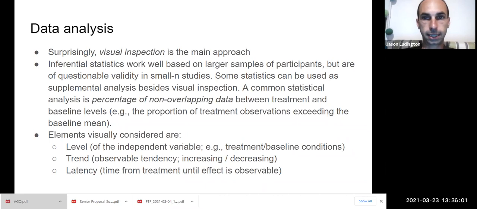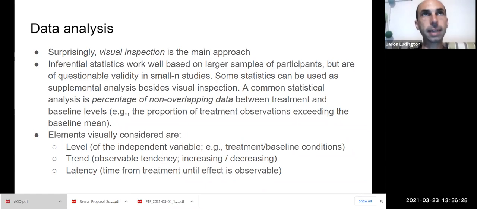Some statistics can be used as supplemental analysis besides visual inspection. A common statistical analysis is percentage of non-overlapping data between the treatment condition and the baseline condition. The proportion of treatment observations exceeding baseline condition average.